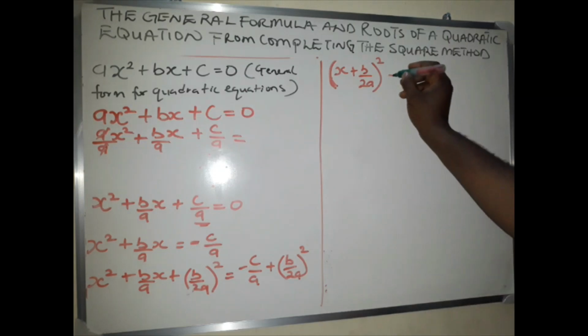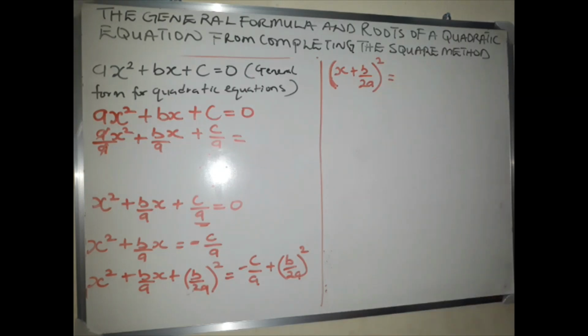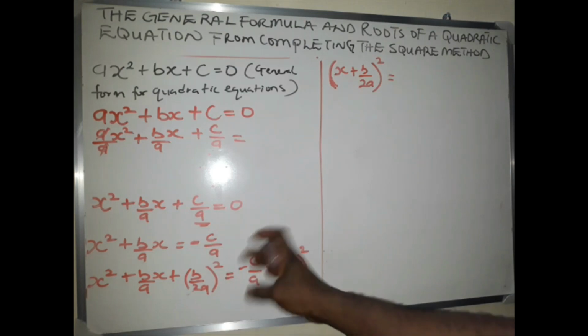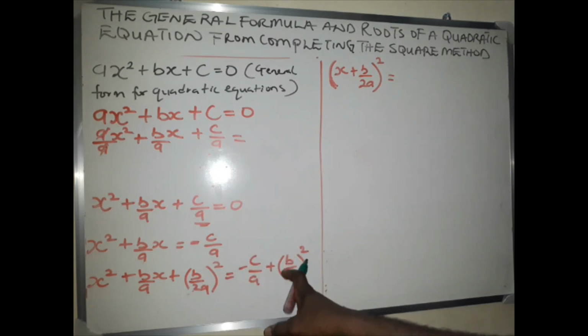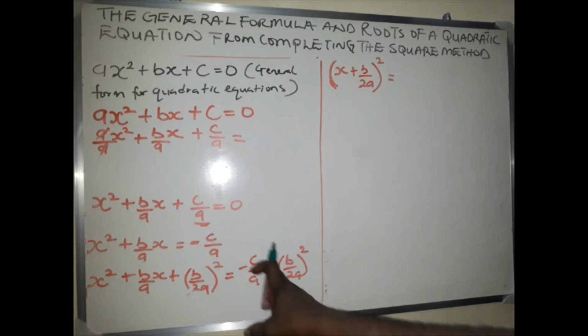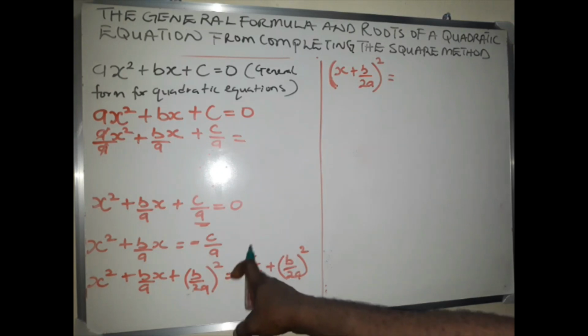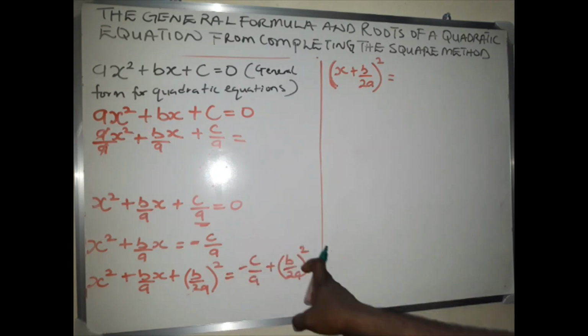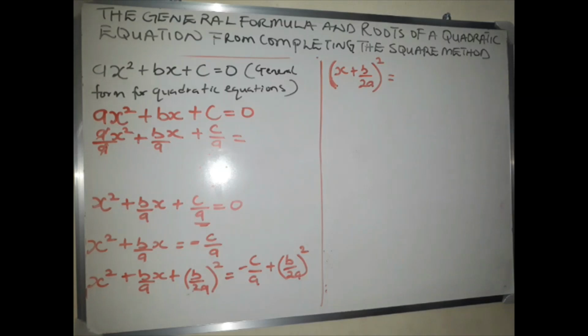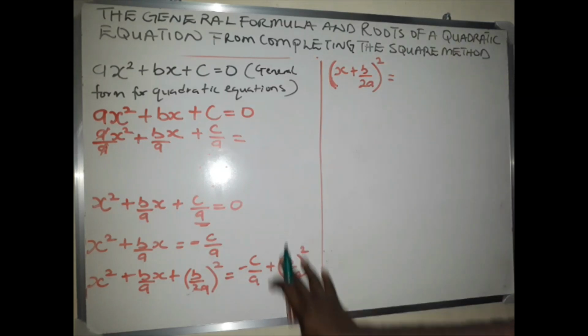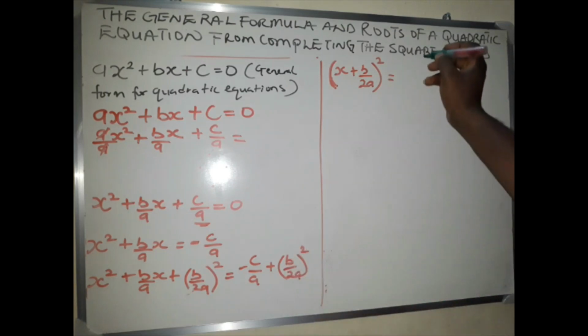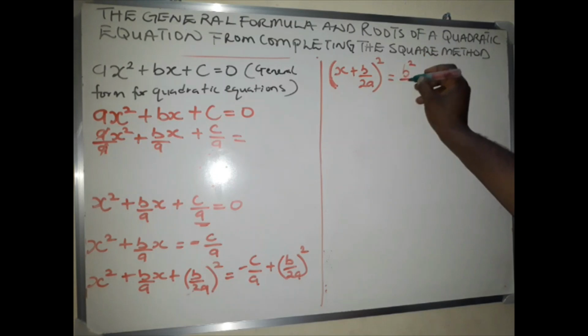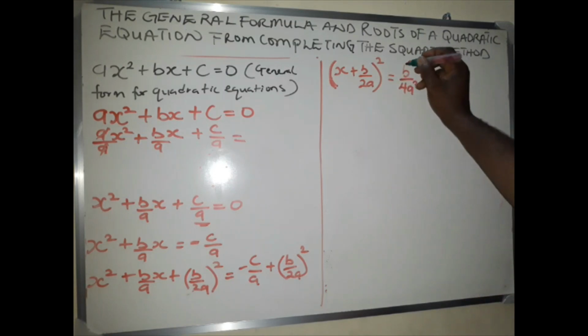Now for the right hand side, we're going to move it a bit so that we'll have a positive expression at the beginning, while we have a negative one on the other side. We're going to expand this as well by saying b all over 2a times b all over 2a. When you expand this, you're going to have b squared all over 4a squared. I hope you understand how we got this.